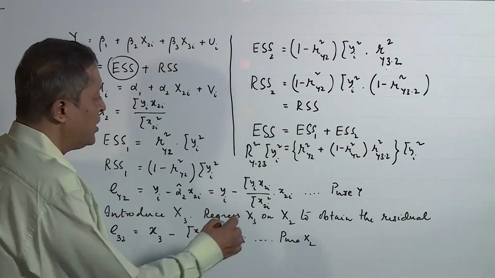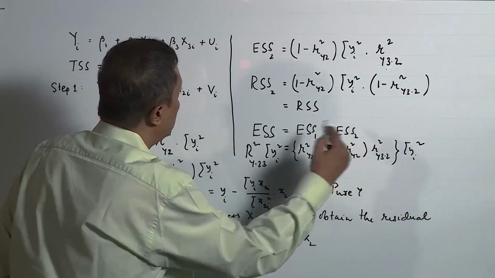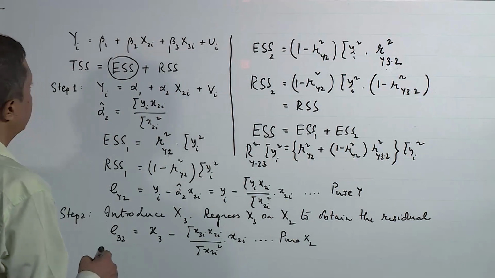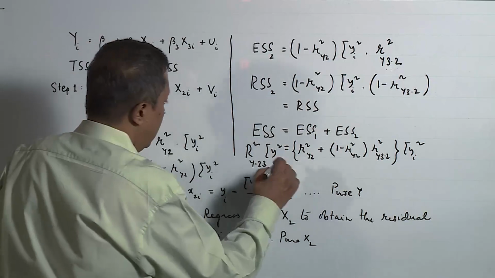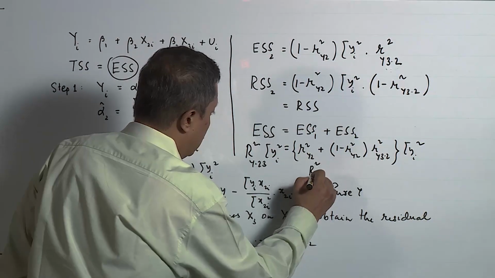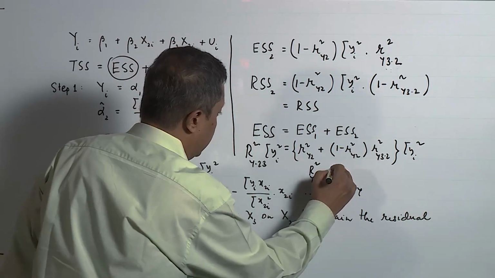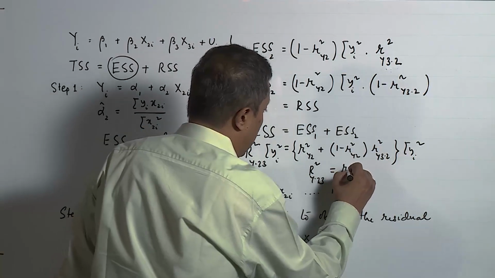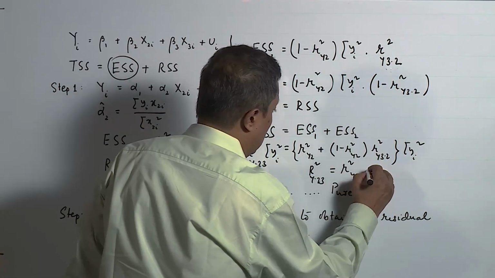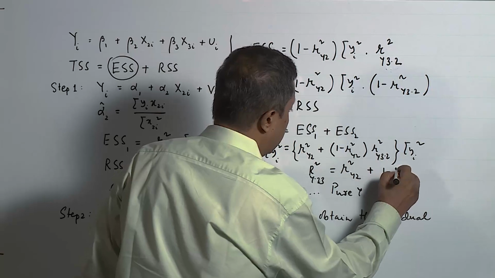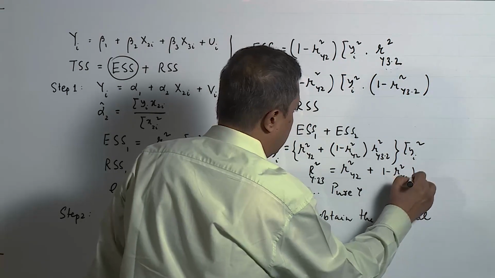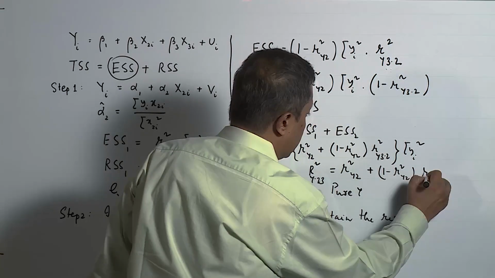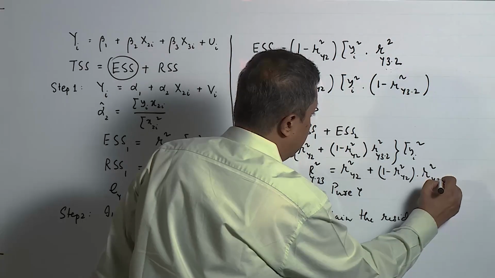If we strike out yi square from both sides, we get a nice result: r square y dot 23 is equal to r square y2 plus 1 minus r square y2 into r square y3 dot 2.